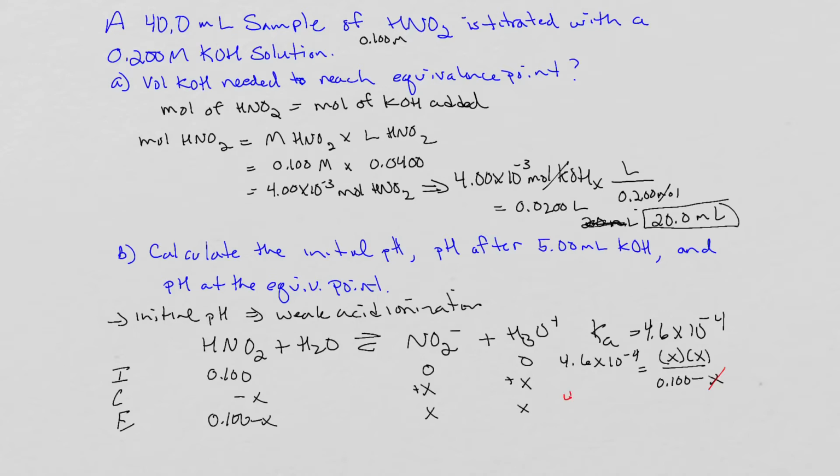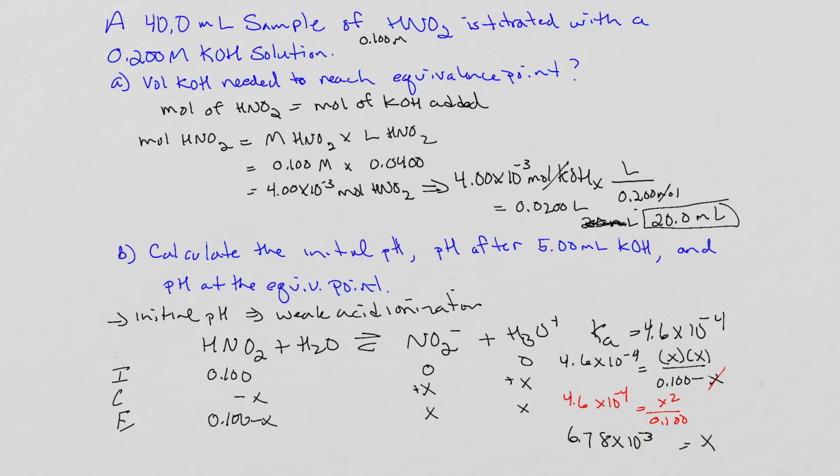So we get 4.6 times 10 to the negative 4 is equal to x squared over 0.1. If we do our math, we get x is equal to 6.78 times 10 to the minus third.